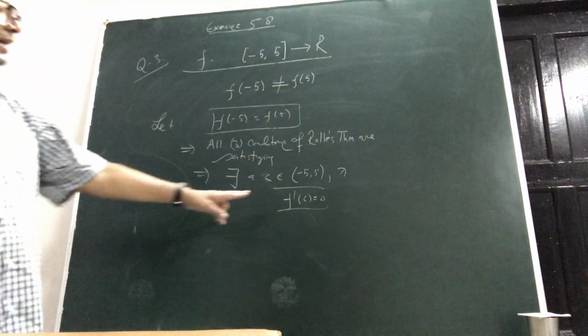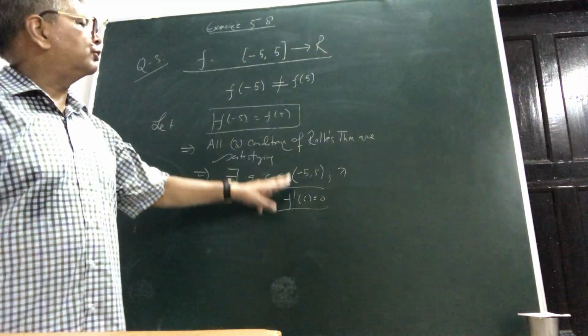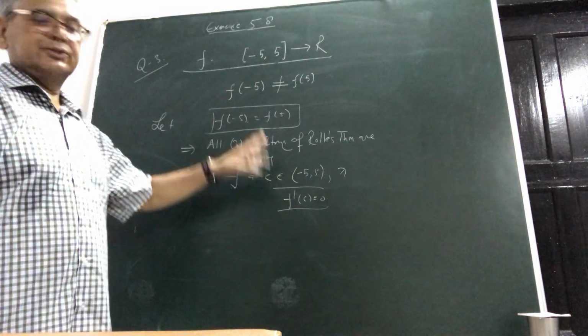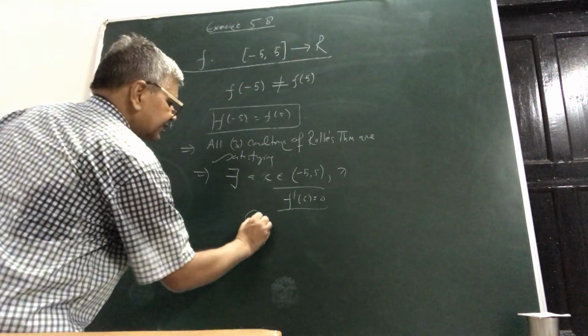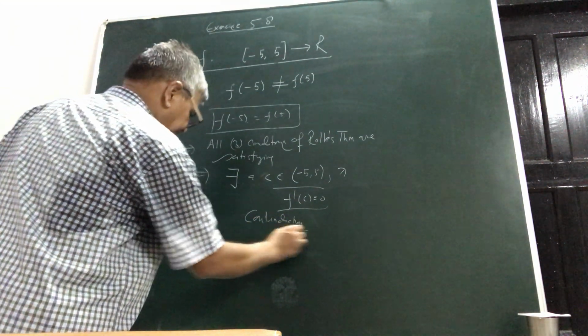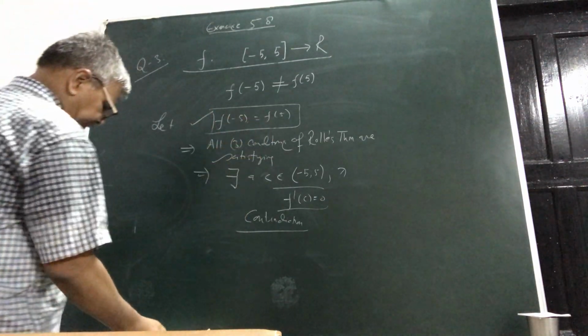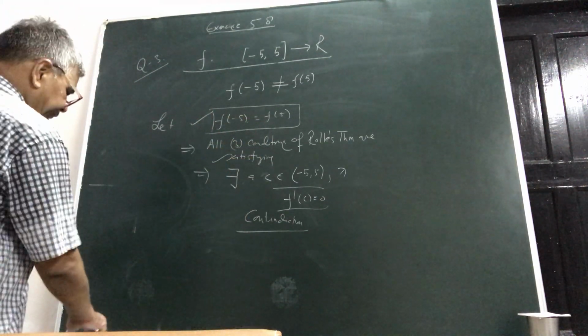And since there doesn't exist any c where the derivative vanishes, this will not happen. So this is your contradiction, and hence the proof is complete. Therefore you can't assume this, and f of minus 5 will not be equal to f of 5. Question 4, please look in.